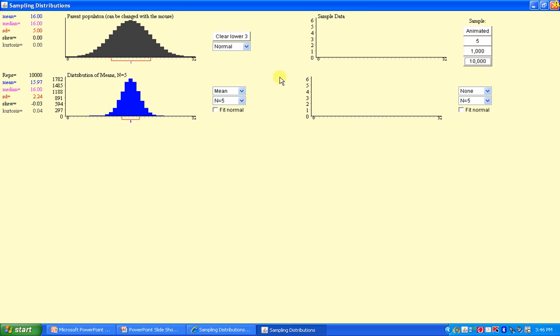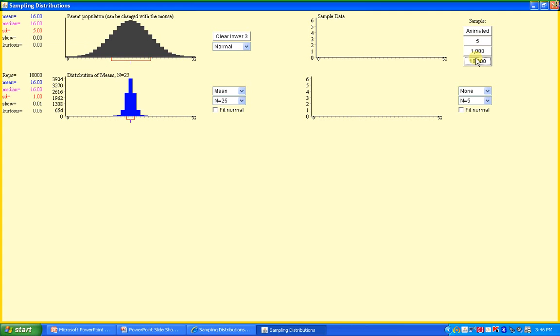It's still normally distributed. And we can go up to n equals 25. Take a look at that. I'll just skip to the 10,000. And you can see what we're working with. The standard deviation is pretty small. Mean still the same. And this is actually normally distributed. If you could zoom in on it, it looks a little odd in shape just because the standard deviation is pretty small.